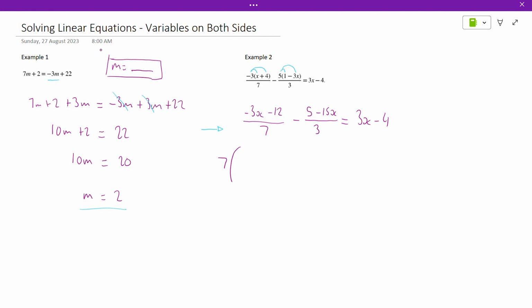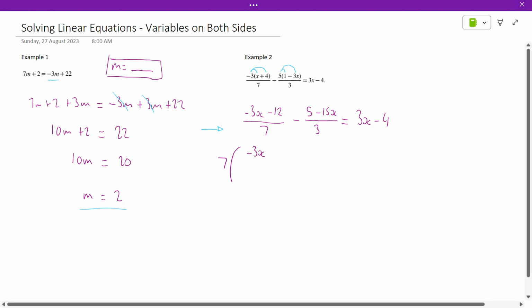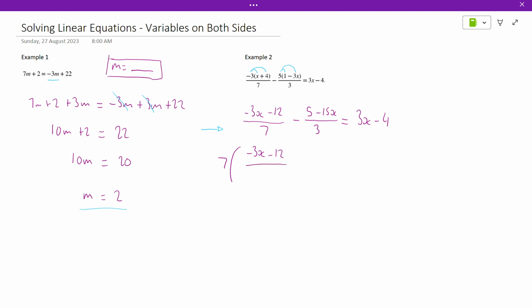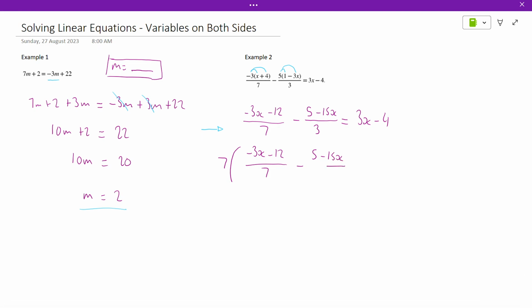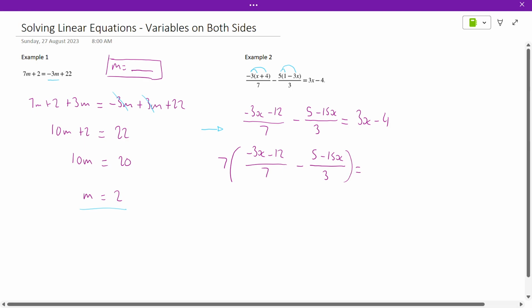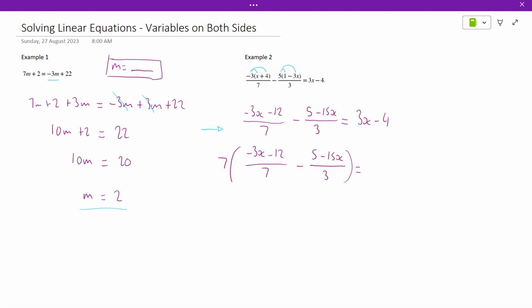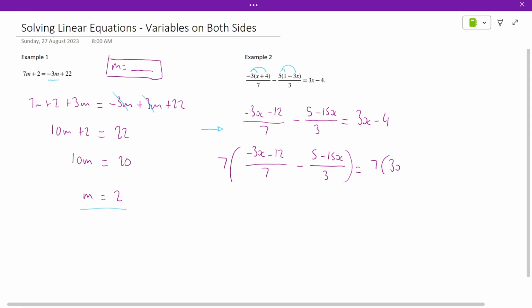So I'm going to have 7 times negative 3x minus 12 over 7, and the same 7 outside the brackets times 5 minus 15x over 3, close bracket, equals, I've just multiplied the left-hand side by 7, so I need to multiply the right-hand side by 7. So 7 outside of 3x minus 4.